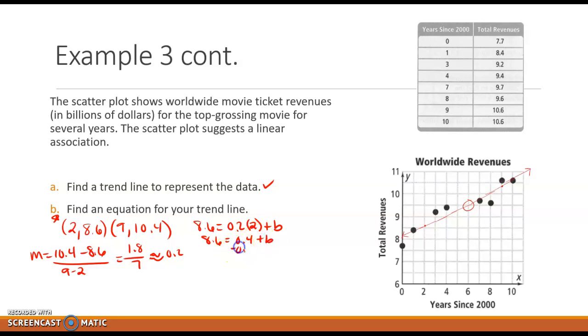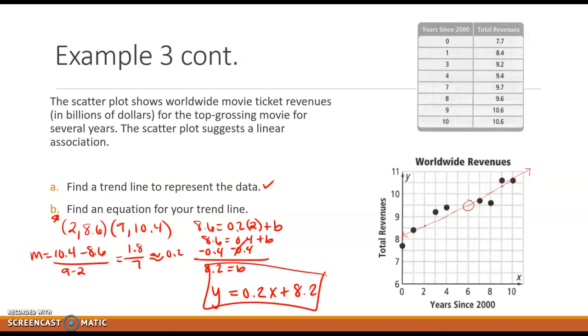To get b by itself, we subtract both sides by 0.4, and we end up with 8.2. So b is 8.2. From there, my equation would then be y equals 0.2x plus 8.2. That's my equation.